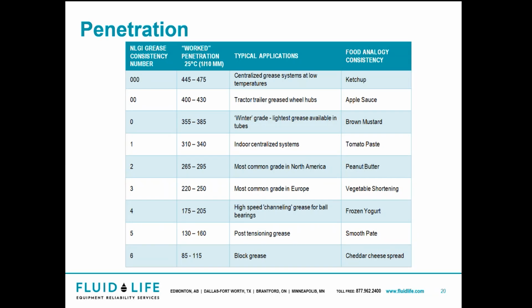And like the tractor trailer grease for wheel hubs, think about the consistency of that lubricant. Even when you look at your normal grease, it's definitely going to have the consistency of a smooth peanut butter.